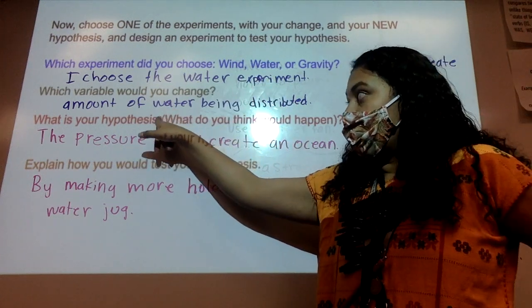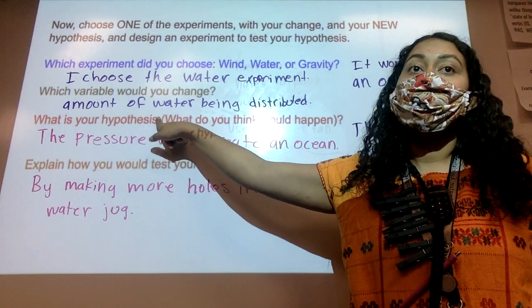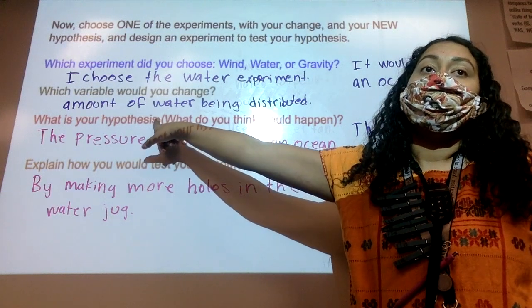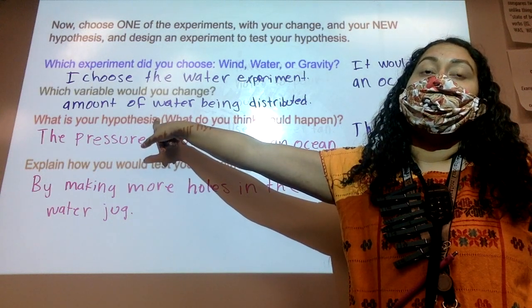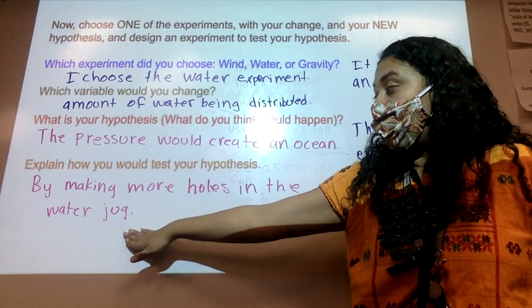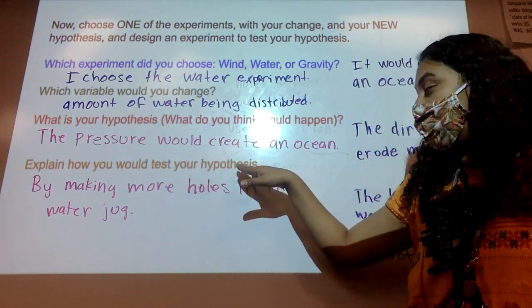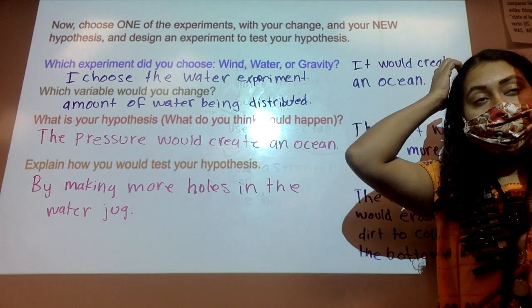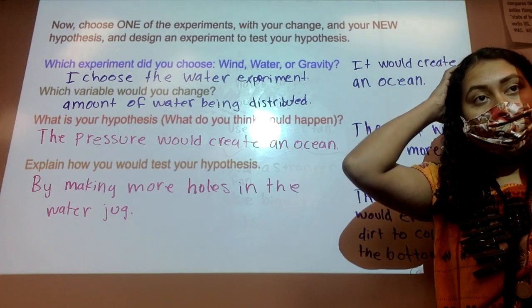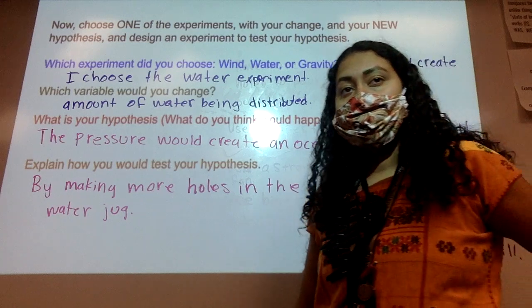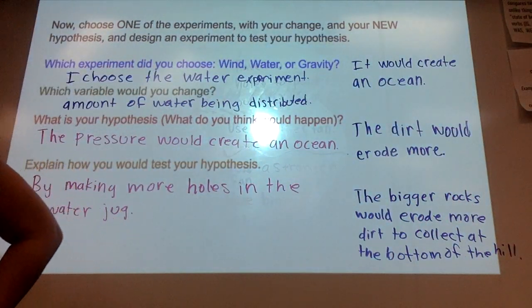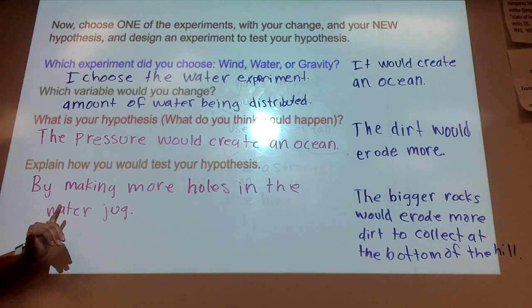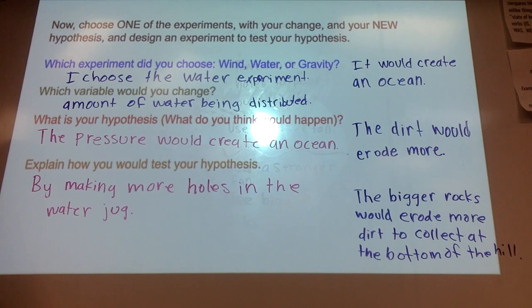Which variable would you change? So would you use the bigger rocks? Oh, I mean the last one. The last question. So explain how you would test your hypothesis. What was your hypothesis? The bigger rocks would erode more dirt blocks at the bottom. Okay, so you could test your hypothesis by checking if you have more dirt collection at the bottom than the first time.